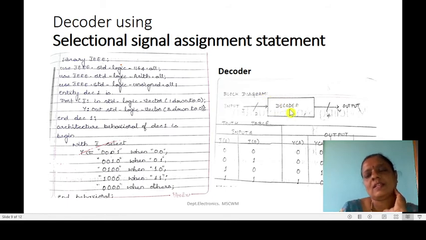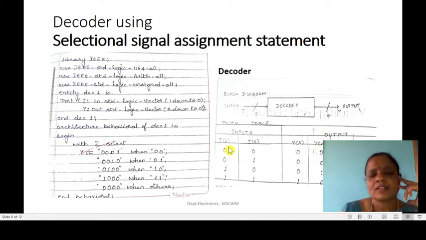Here you are seeing the block diagram of the decoder. It is a 2 to 4 decoder. Please go through once again what a 2 to 4 decoder is. It has 2 inputs and 4 outputs.